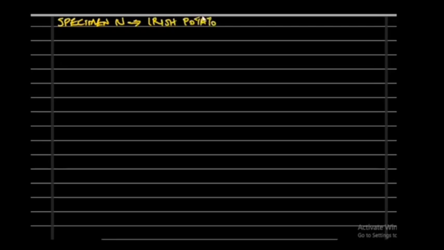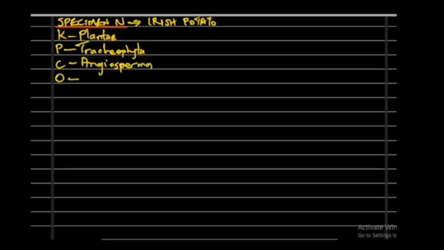The Irish potato. We will go ahead to talk about its classification. The kingdom is Plantae, the phylum is Tracheophyta, the class Angiosperma, the order it belongs to is Solanales, the family it belongs to is Solanaceae.